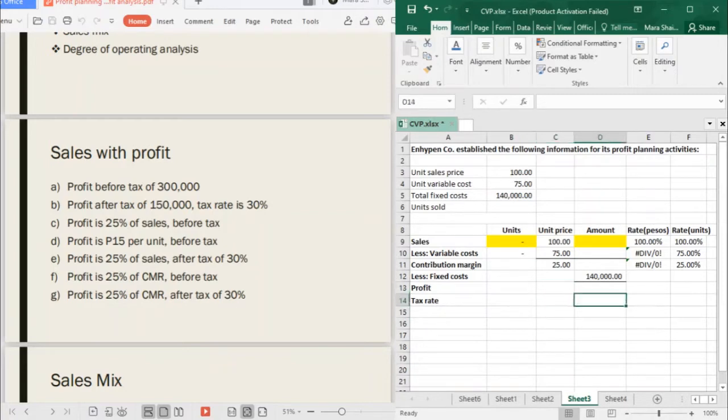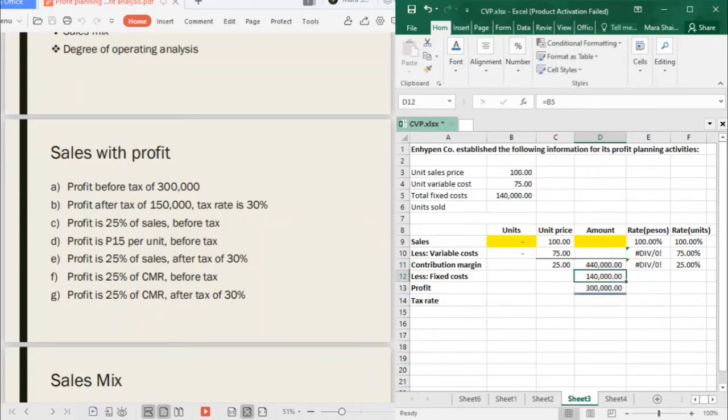Okay. So, if you are given a profit of 300,000, okay, that's 300,000. How do we arrive at our sales? So, of course, we have profit, we have fixed cost. So, before we can arrive at the sales, we need to get first the contribution margin, which is simply your profit plus your fixed cost.